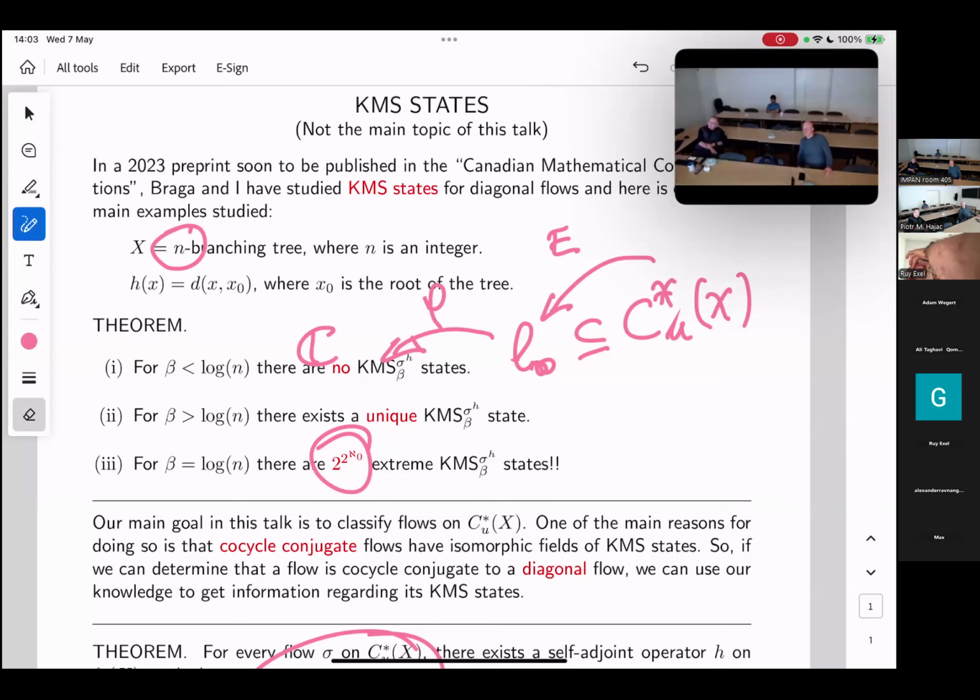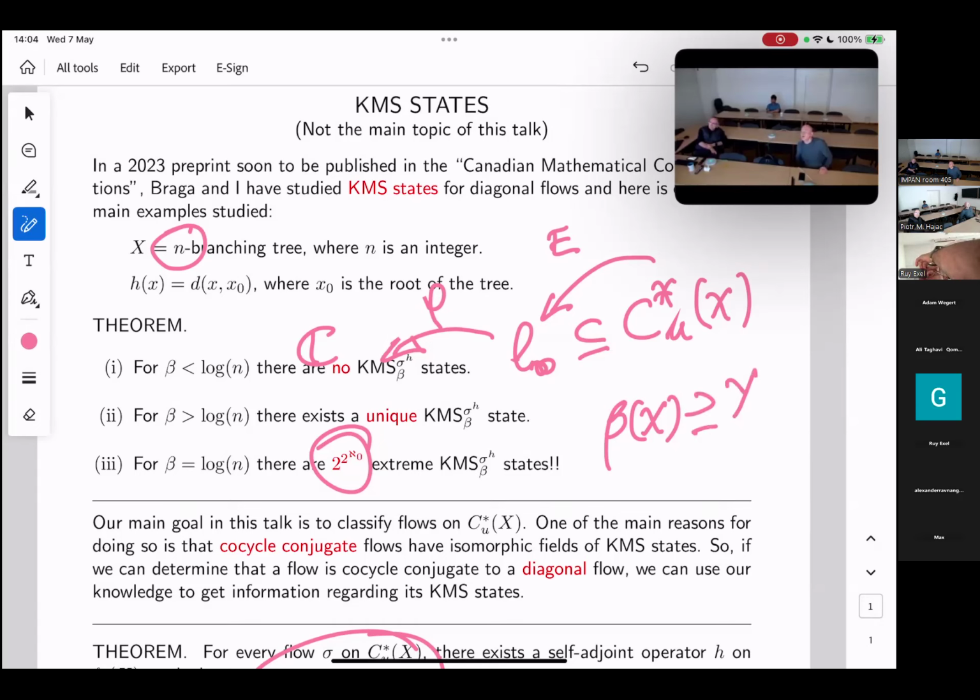And as we know, states on L infinity are the same as probability measures on the Stone-Čech compactification. So this is very much a study of measures on the Stone-Čech compactification. The statement that I was just making, that the Gibbs states live on K and the other ones live on the quotient, could be rephrased if you look at the Stone-Čech compactification of X, which is the spectrum of L infinity.